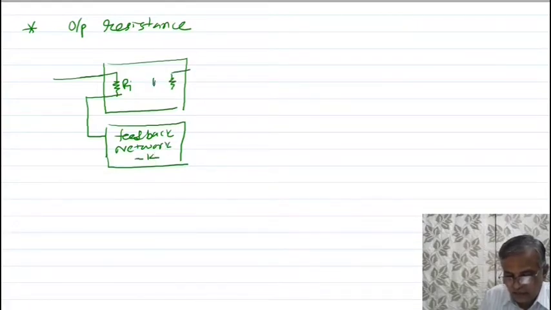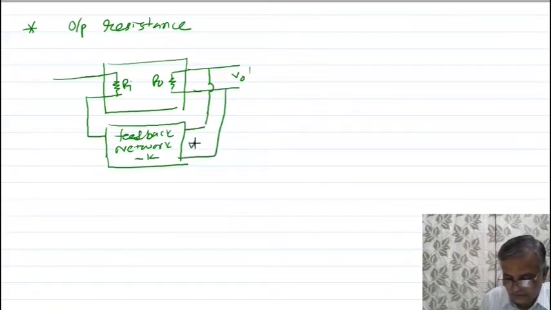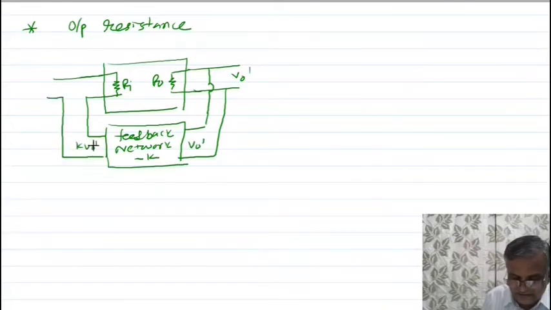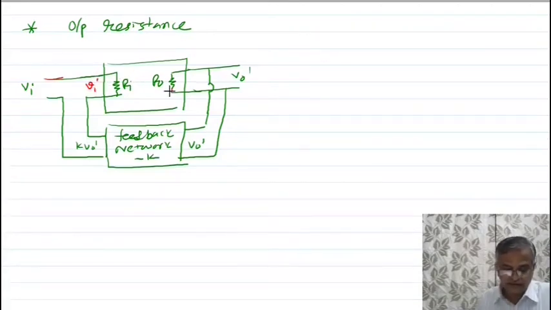This has an output resistance Ro. This is Vo dash. This is your K Vo dash. This is Vi, Vi dash. This is Ri, Ro. This is K Vo dash. Here we have written the current I. This is Ri. Same figure as on the previous page. This is your Rof.